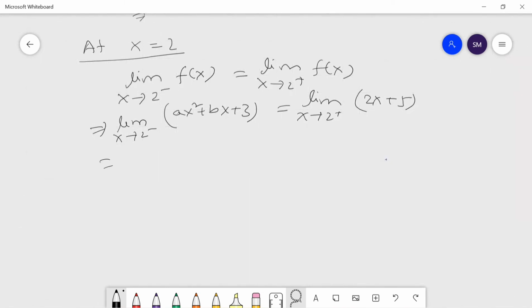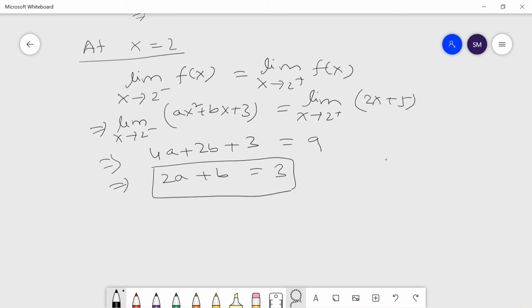So this is equal to 4a plus 2b plus 3 equal to 9. So this will give you 2a plus b equal to 3. So say this is equation number 2.